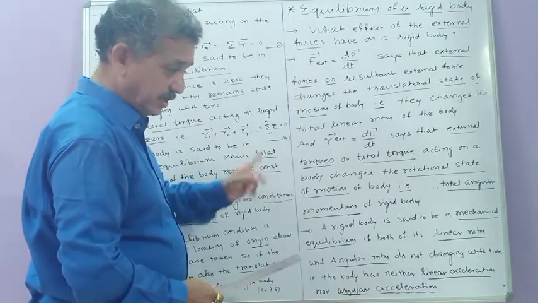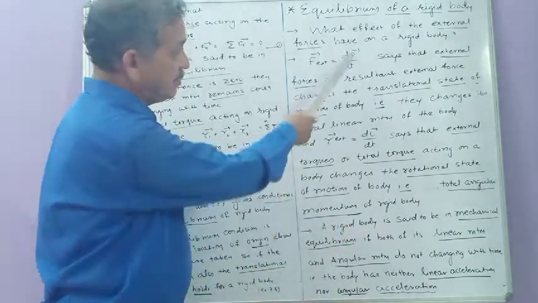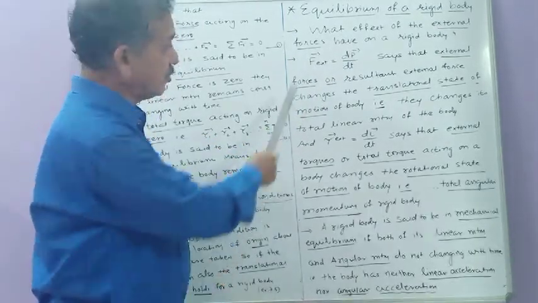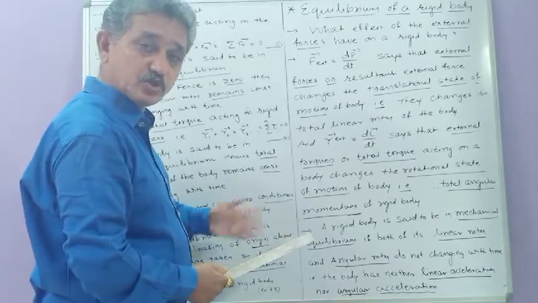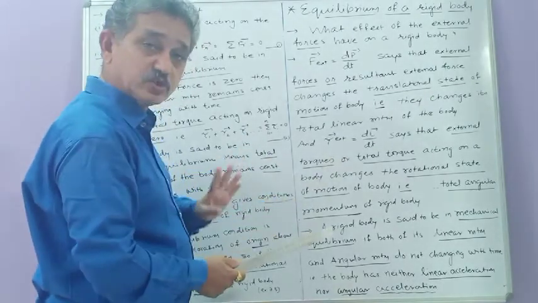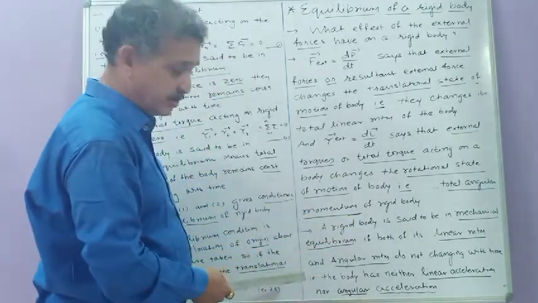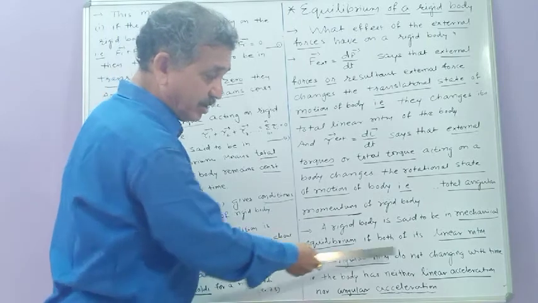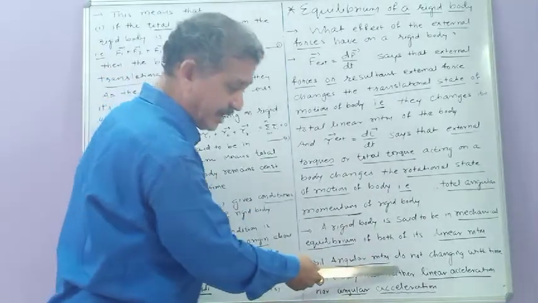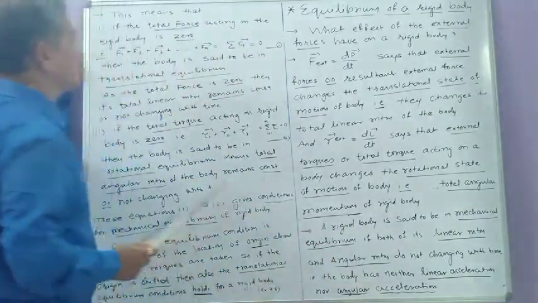If linear momentum is not changing, dp by dt, the external force, is 0. So force is 0, that means there is no linear acceleration, and torque is 0, that means there is no angular acceleration. Here linear momentum as well as angular momentum do not change with time. It means the body has neither linear acceleration nor angular acceleration.